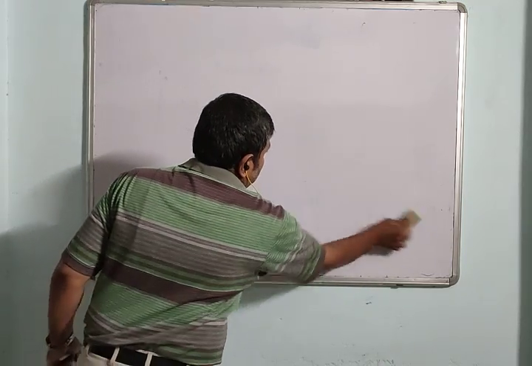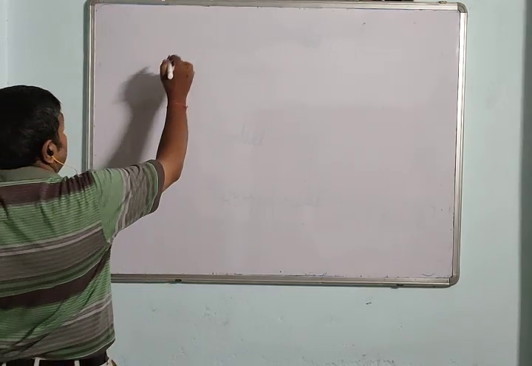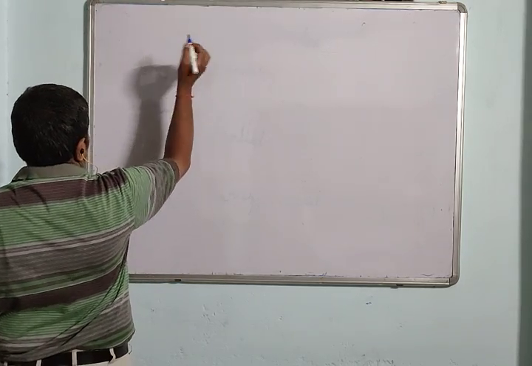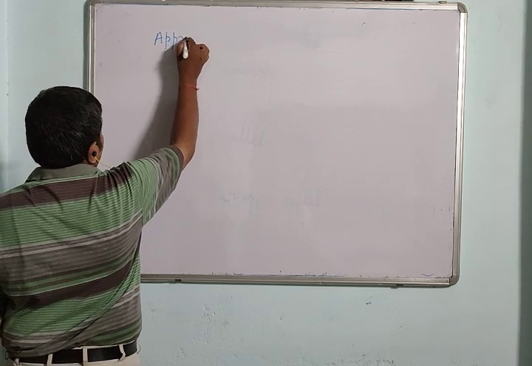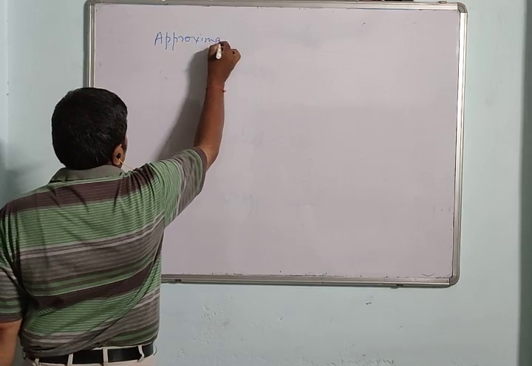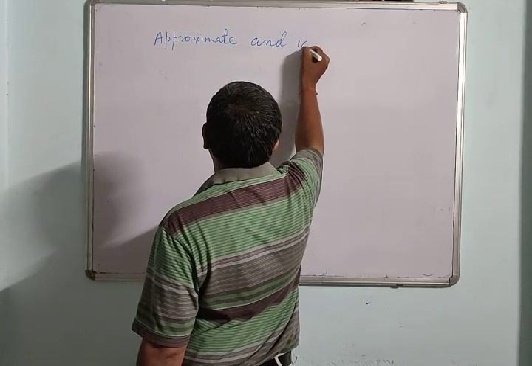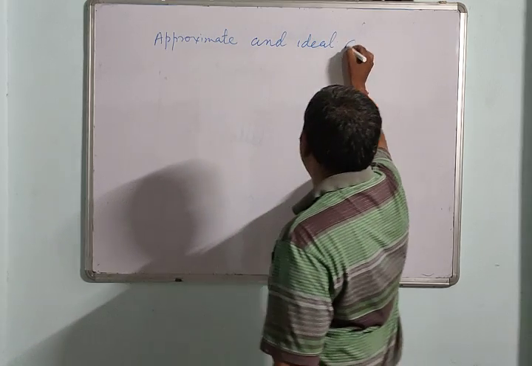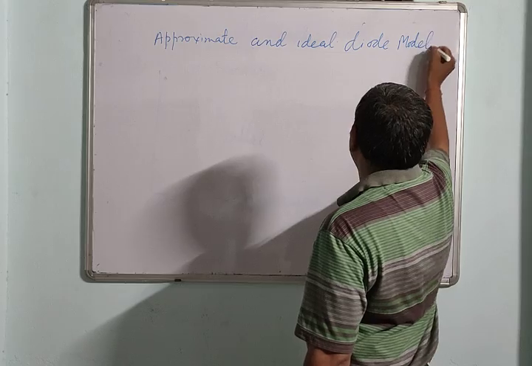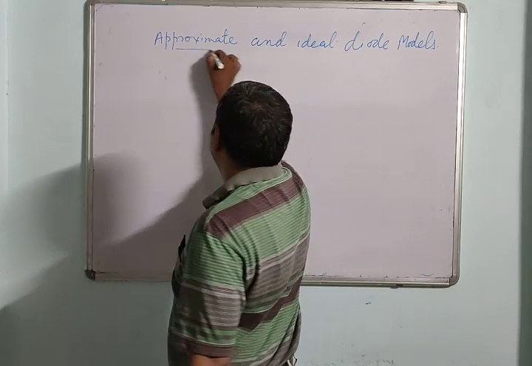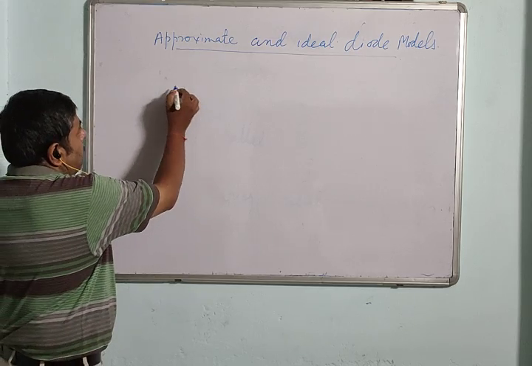So we have two types of diode models which are used here: approximate and ideal diode models. First one is the approximate.